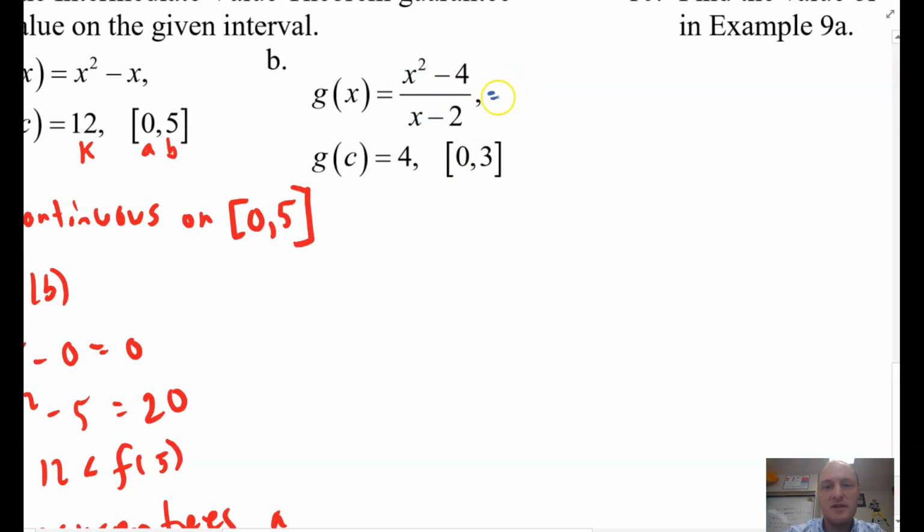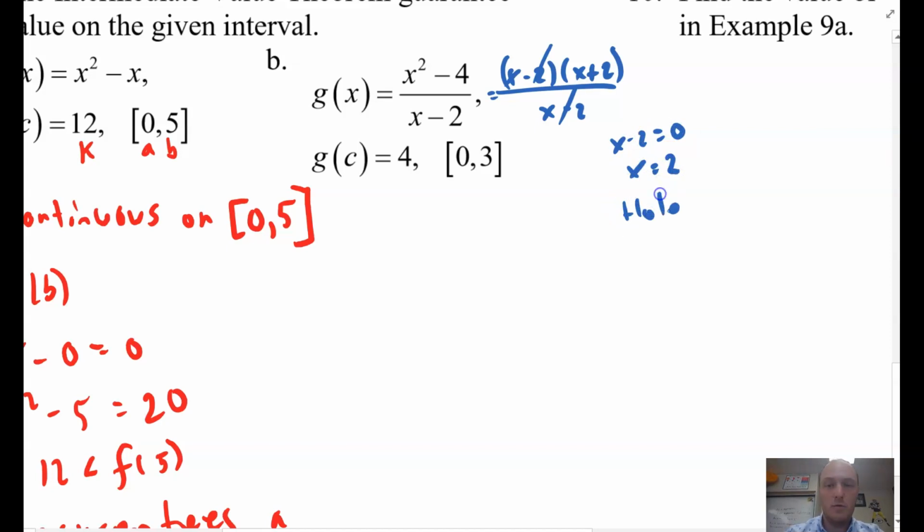This gives us x minus 2 times x plus 2 over x minus 2, and we cancel out the x minus 2 factor. When you cancel out x minus 2, you get a hole at 2. This is a discontinuity, so it's not continuous.